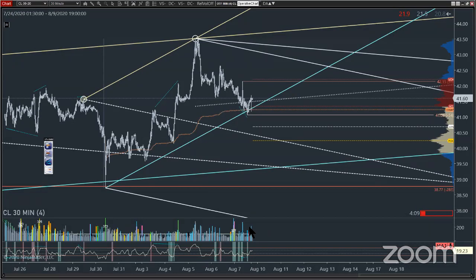So if the 30-minute is showing the long signal, you would prefer to have the area that you're trading from sloping in favor of the trade. In other words, sloping up for a long trade on the operative time frame chart itself.